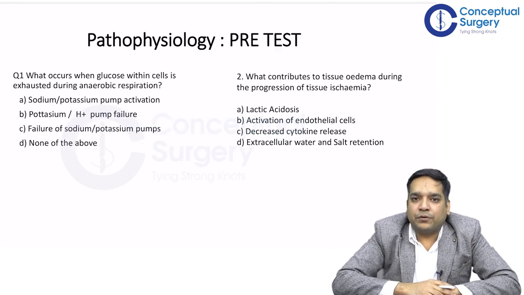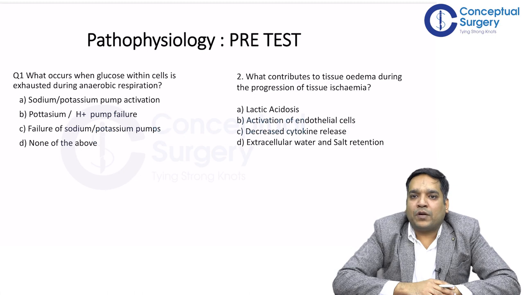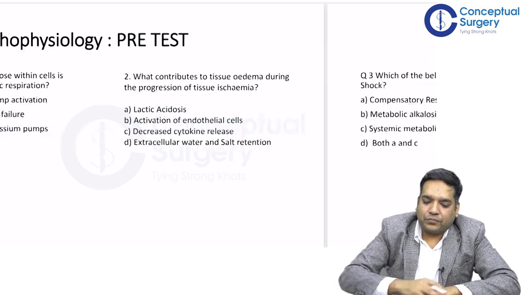First, there will be some MCQs in the form of a pre-test. Question number 1. What occurs when glucose within the cell is exhausted during anaerobic respiration? Sodium potassium pump activation, potassium hydrogen pump failure, failure of sodium potassium pump, none of the above. Question number 2. What contributes to tissue edema during the progression of tissue ischemia? Lactic acidosis, activation of endothelial cell, decreased cytokine release, extracellular water and salt retention.